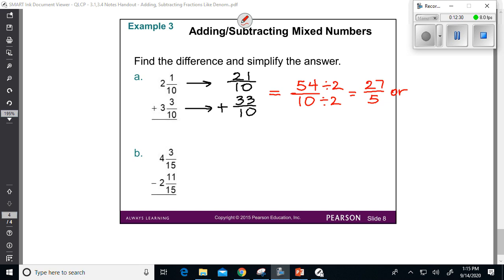Is that next number? What is it? 5 and 2 fifths. Reduce that 4/10. You're right. Just reduce it.